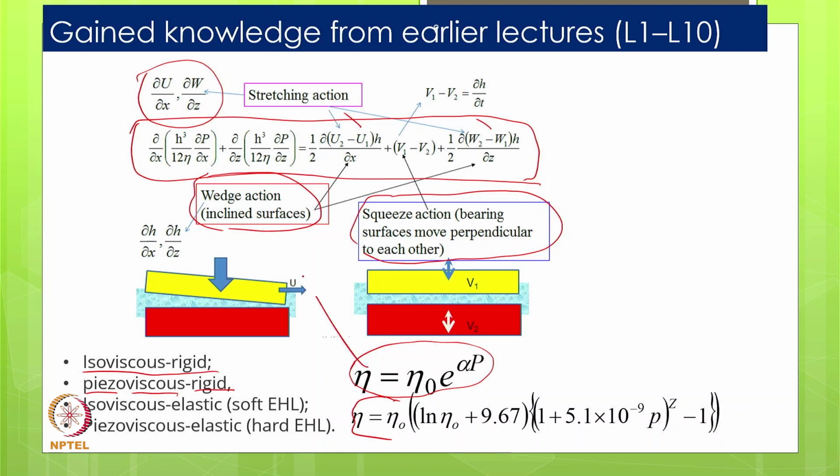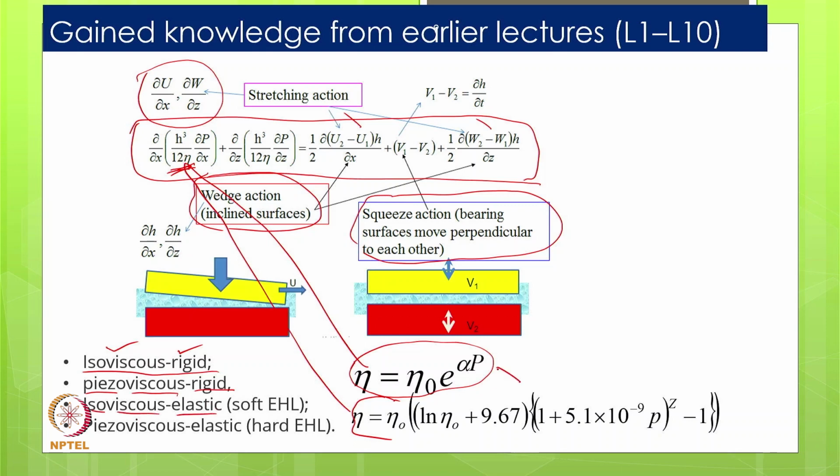That means this expression should be utilized here, or this expression should be utilized here. That means we need to integrate in terms of pressure. It's not a constant. While in the isoviscous rigid case, eta can be treated as a constant and will come out. Another one is isoviscous elastic.